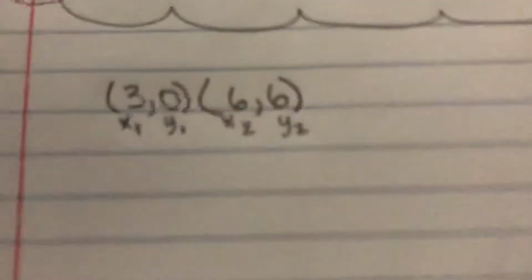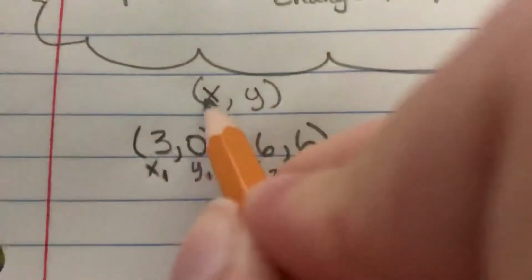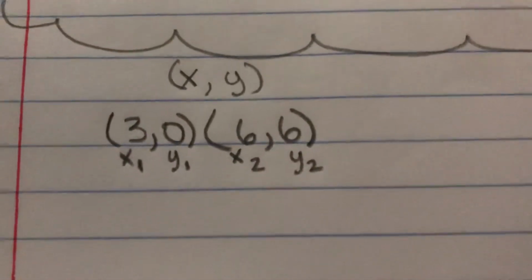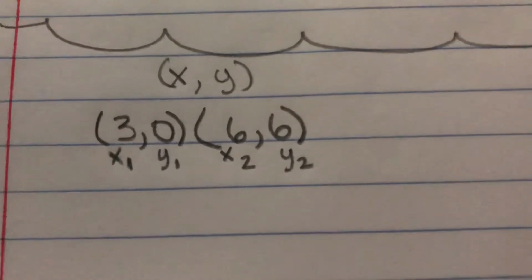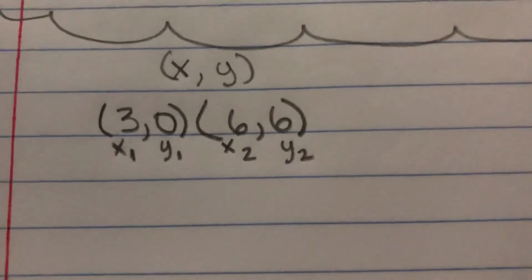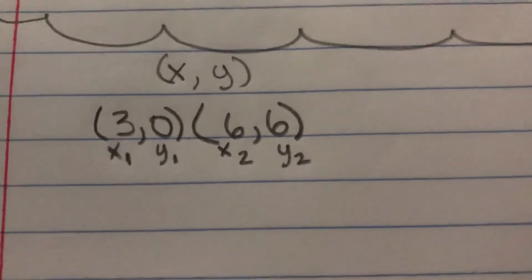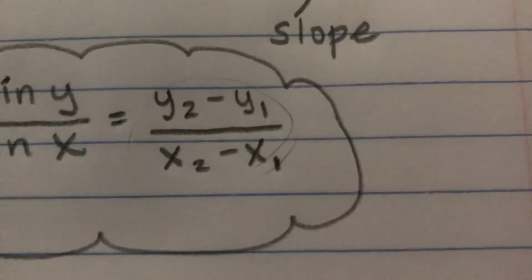A coordinate point is always x, y. So you have to assign them x1, y1, x2, y2. So one of the coordinates are the 1s and the other coordinate are the 2s. And then you just go ahead and plug in those numbers into the slope formula.